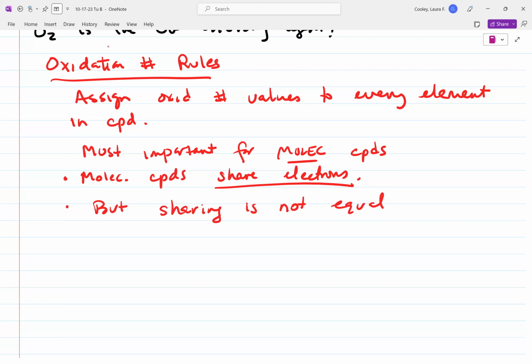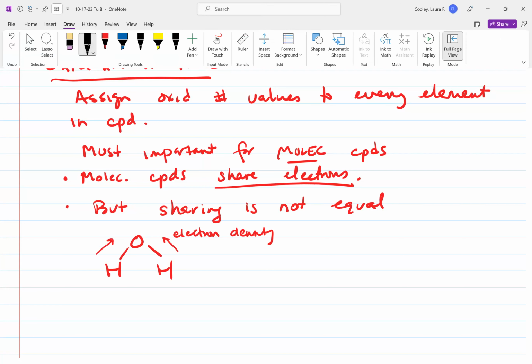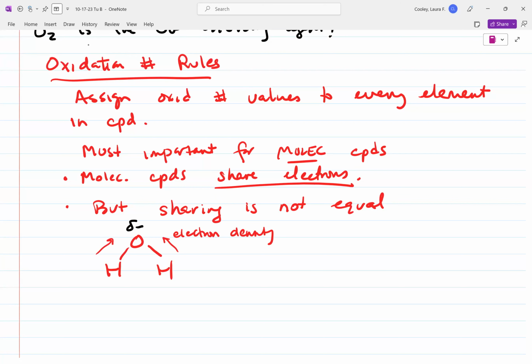I'll give you a very big, important example, water. In water, oxygen kind of grabs more of the electron density. So oxygen ends up with a slight negative charge. We call it delta negative and delta positive.